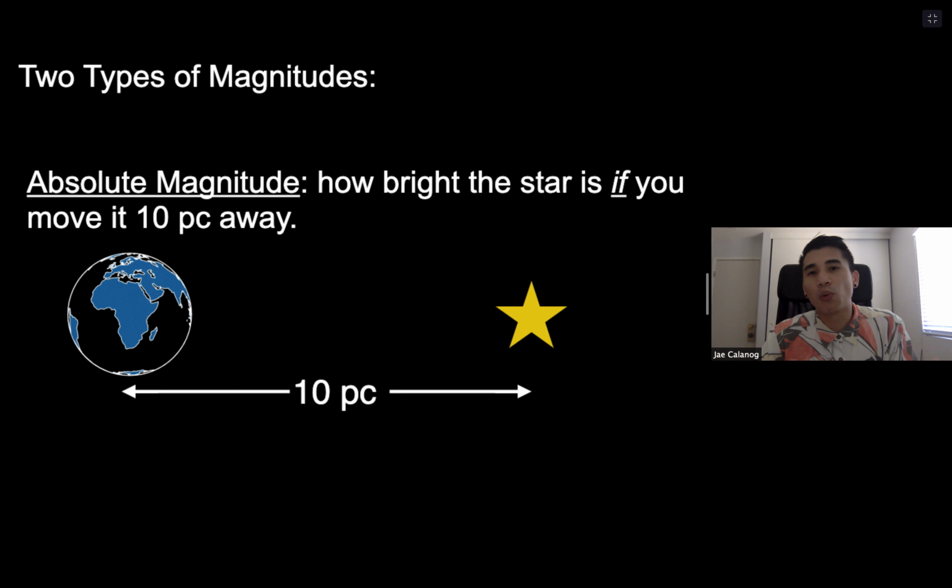And so the reason for why we have this is to allow a fair comparison as to how bright stars actually are. Because hypothetically speaking, if you were to move stars all at the same distance, then now you can make fair conclusions about which star is actually emitting the most light.